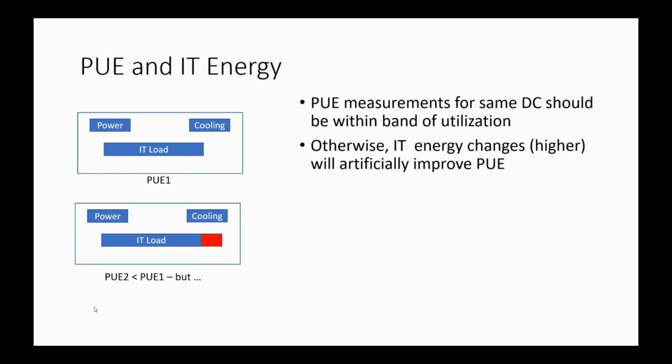If you say PUE2, then the picture should tell you a different answer, because PUE2 is measured under an IT load that was modified to be higher. It's the same data center, different IT loads.